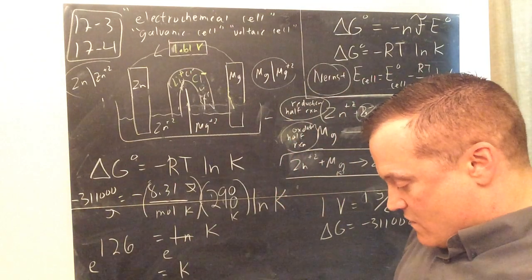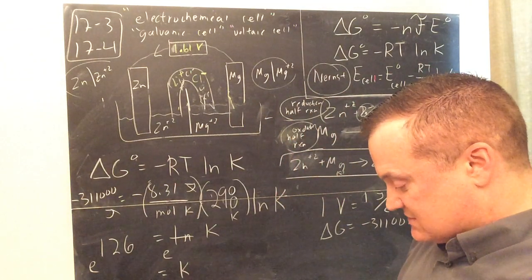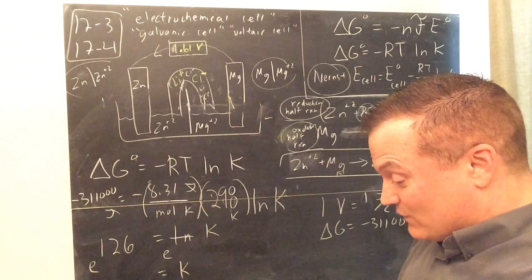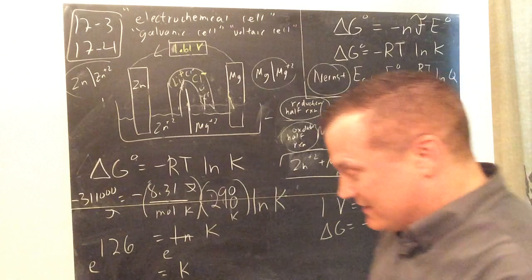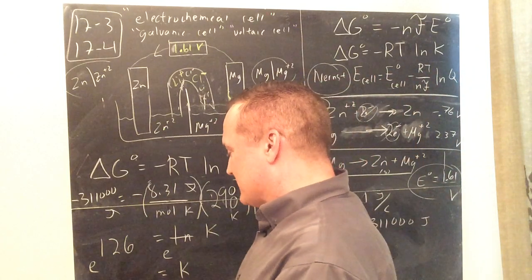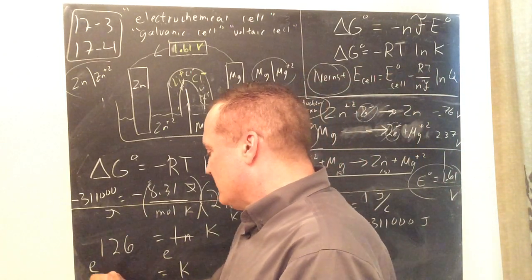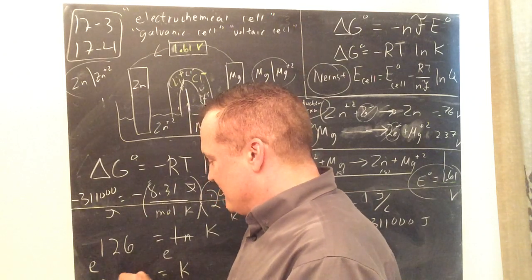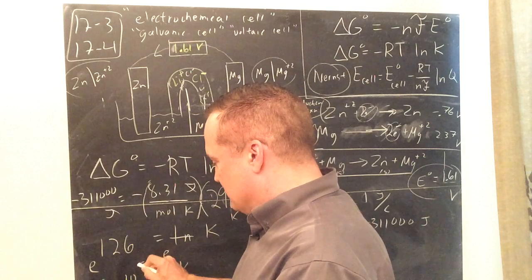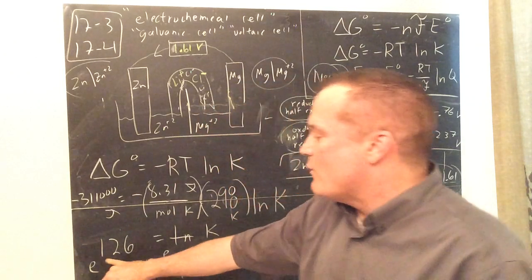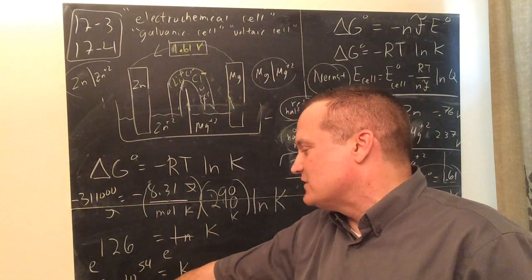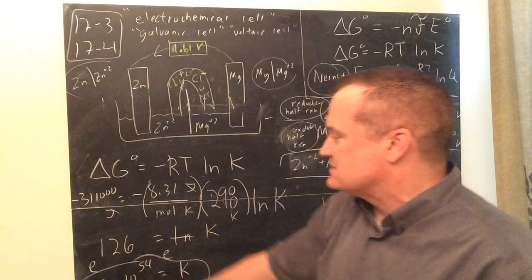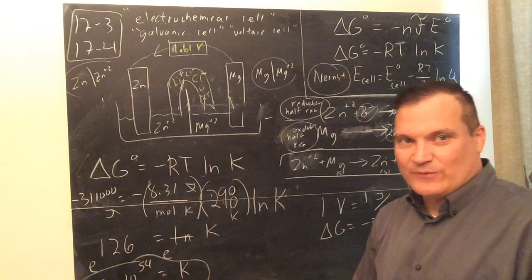All right, or if I put in 126 first, then ln, now I get 5.26 times 10 to the 54 power. So it's very different depending on the numbers you put in. But I'm going to put the first one I told you, 3.5 times 10 to the 54 power. Don't worry. If you put 125, you're going to get a drastically different number here, but you will get the 54 power right. So that will be your equilibrium constant for this cell reaction.